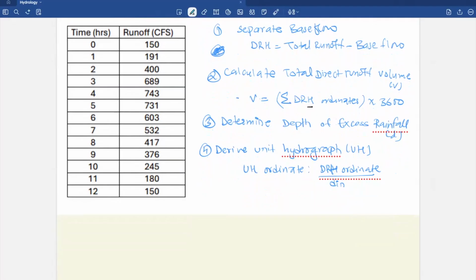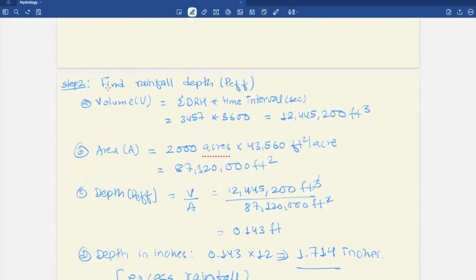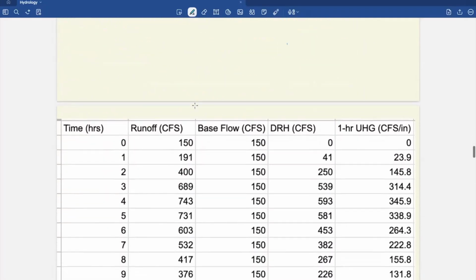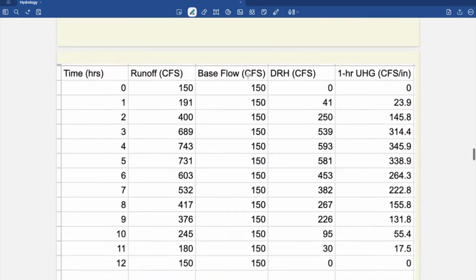Let's first find the rainfall depth. Our volume will be DRH times the time interval. DRH will be 3457 times 3600. I will show you how I got this. DRH is just runoff minus base flow.